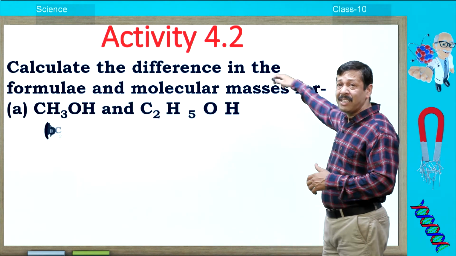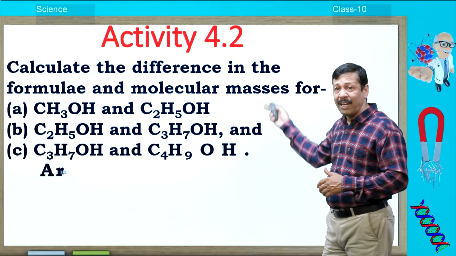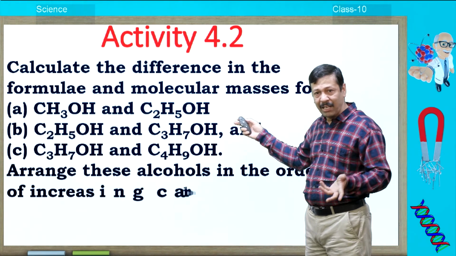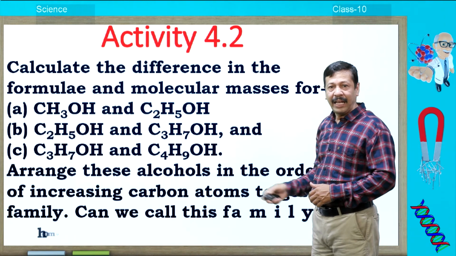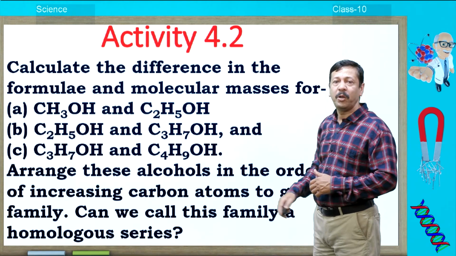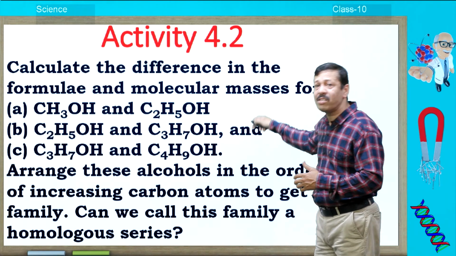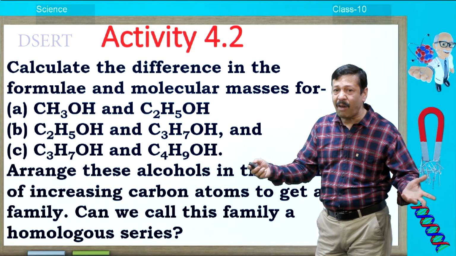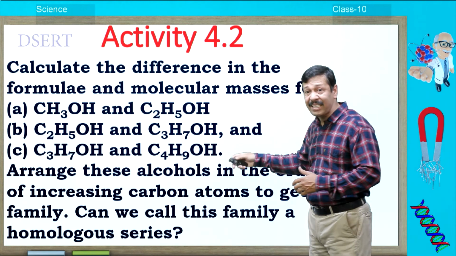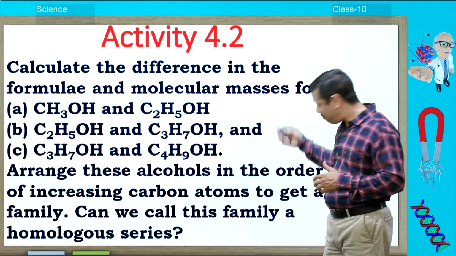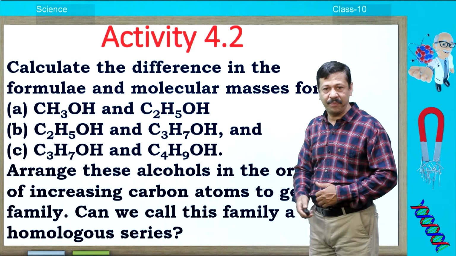Now calculate the difference in the formula and molecular masses for methanol and ethanol, ethanol and propanol, propanol and butanol. Arrange these alcohols in the order of increasing carbon atoms to get a family of alcohols.